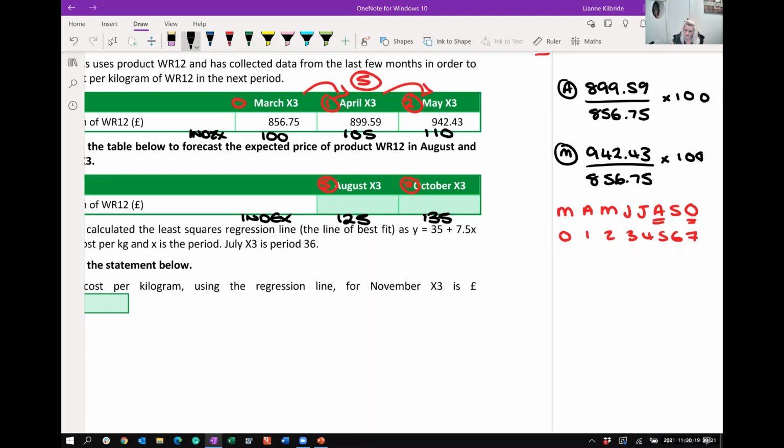Now you know what the indexes are for those two months, you can go back to using the indexes to work out what those costs would be.